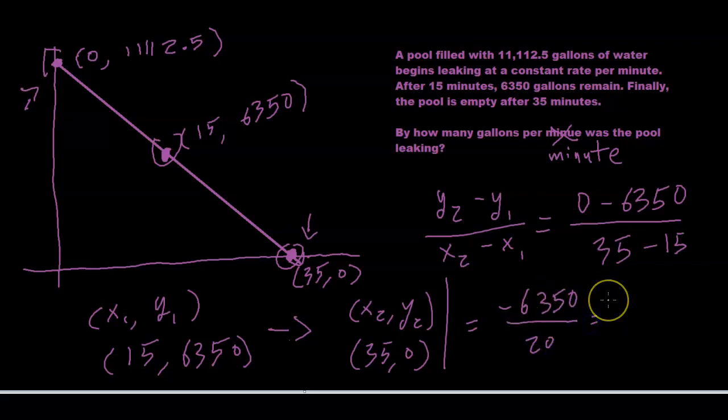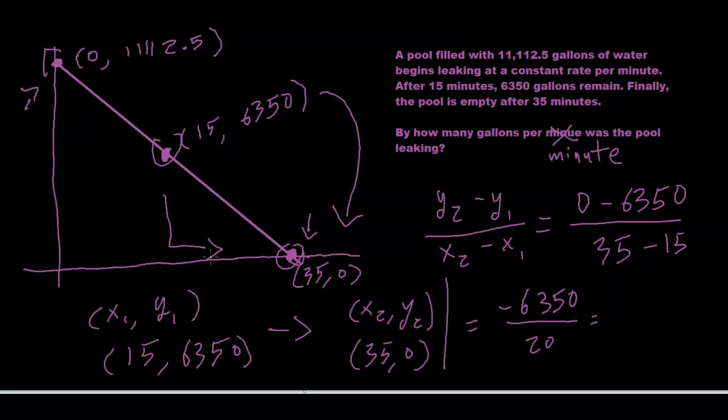And let's see if that makes sense. What should the change in our y-coordinate be from 6,350 to 0? Clearly it decreased by the whole 6,350, right? So the change was negative 6,350. And what's the change in our x-coordinate from 15 minutes to 35 minutes? What was the change in time?